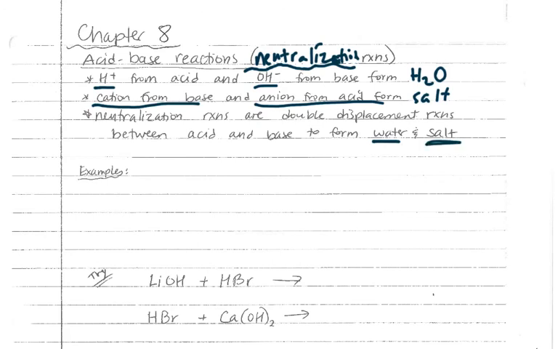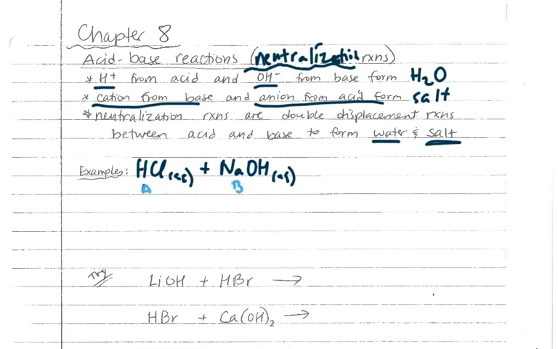So some examples. Let's take hydrochloric acid, aqueous, and sodium hydroxide. This is a classic one, all right? Classic strong acid plus a strong base. This is our acid and our base.